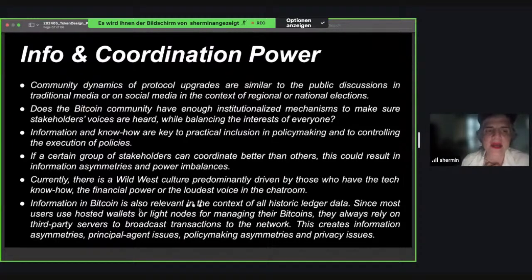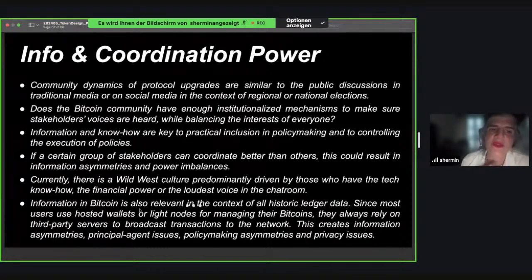Some people are very loud, but really, institutionalized communication is still not widespread, let's say. Everything is transparent and out there in public channels, but it's unclear to most Bitcoin holders, I would say. It is intransparent, even though it's open and public.